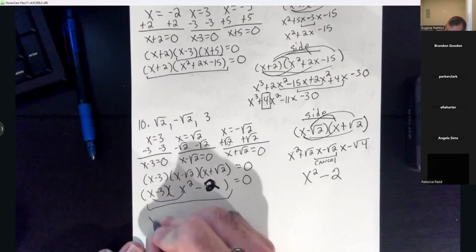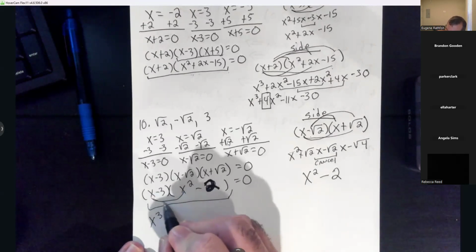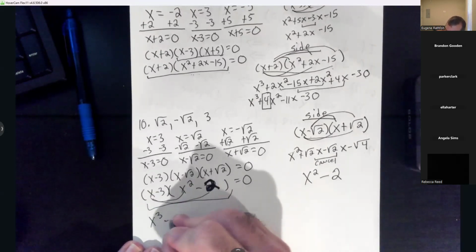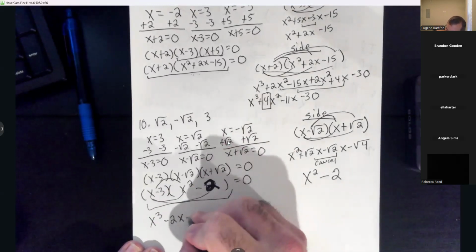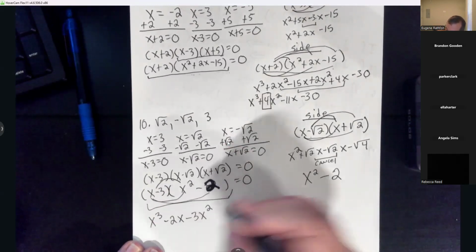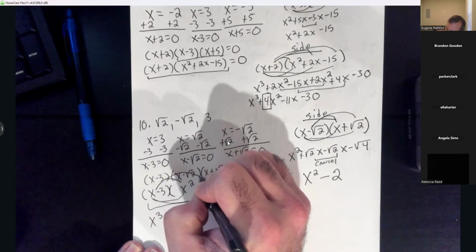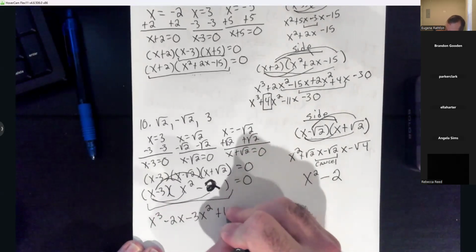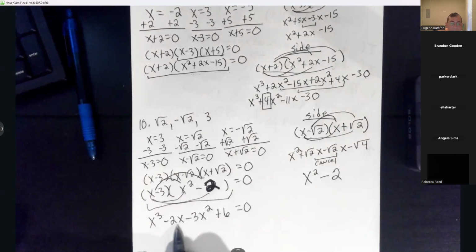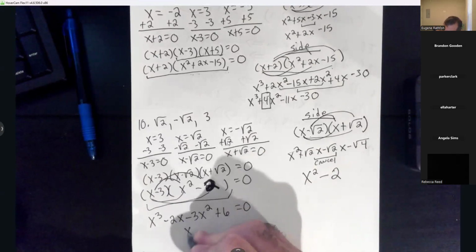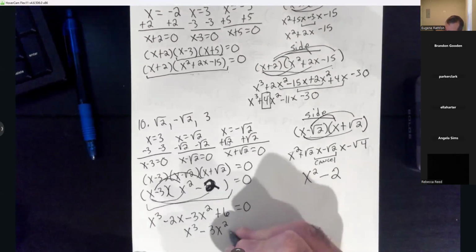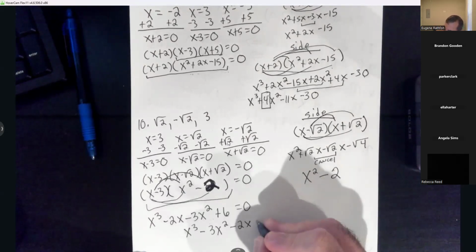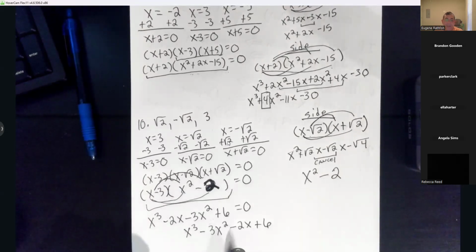All right, there we go. X times x squared is an x cubed. X times negative 2 is a negative 2x. Then negative 3 times x squared is a negative 3x squared. And then negative 3 times negative 2 is a positive 6. So the only thing you would do here is rearrange the order so that you end up with x cubed minus 3x squared minus 2x plus 6.